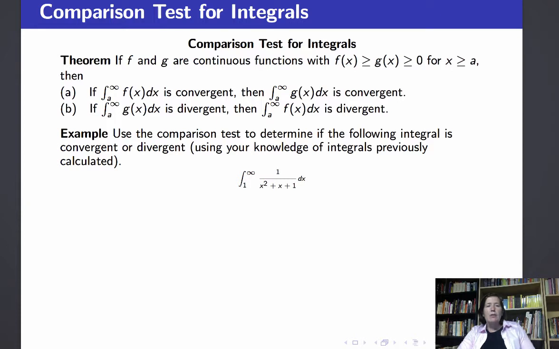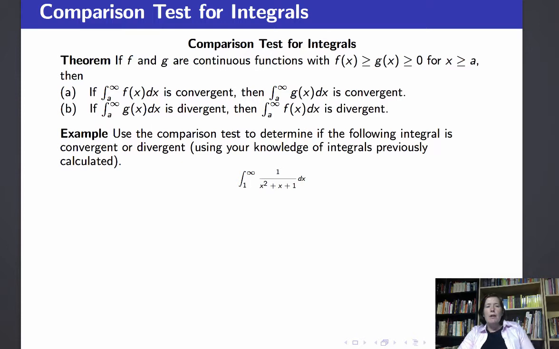And then you can conclude that if the larger one is convergent, if the integral from a to infinity of f of x is convergent, then the smaller one must also be convergent. We must have the integral from a to infinity of g of x dx is convergent.